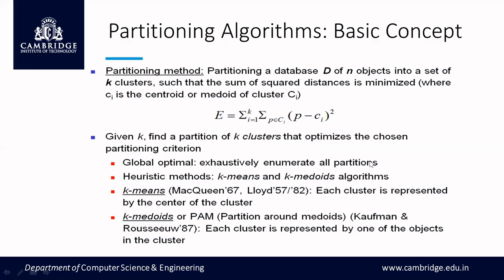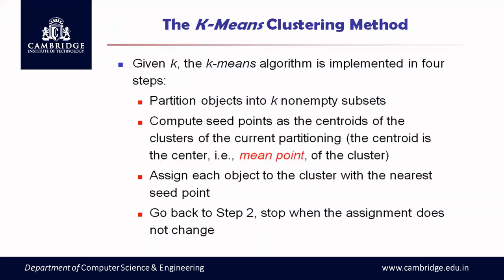Once the partition is done, that is not the end. You will recompute the centroid and try to cluster all the data points, and check whether the data points present in the clusters are correct or not. That is why it is called exhaustive enumeration of all partitions.